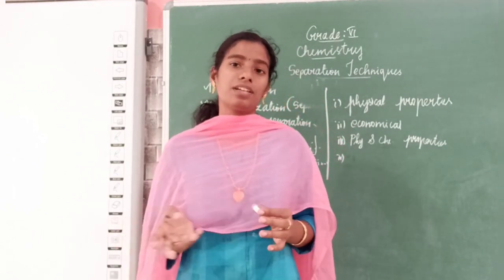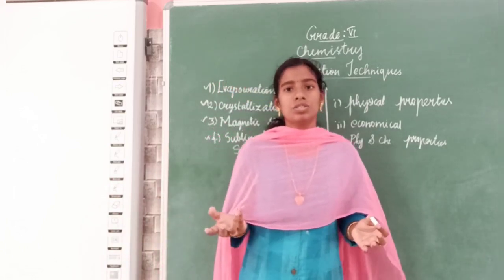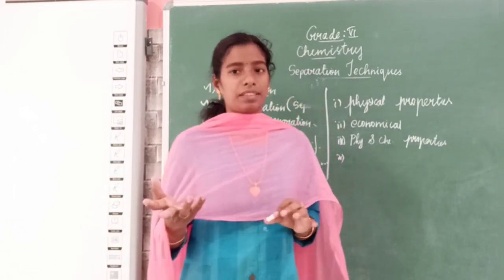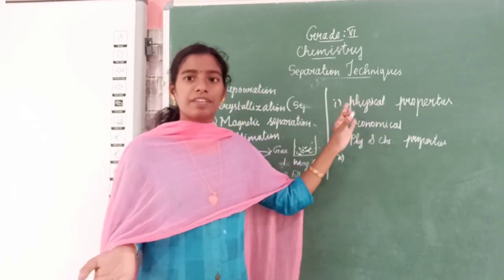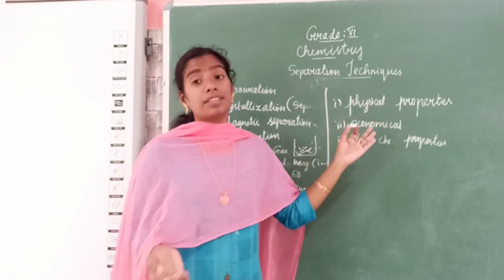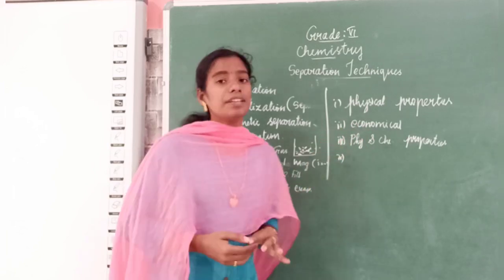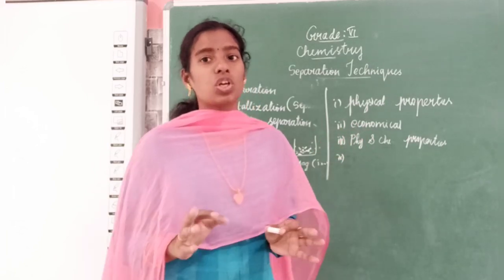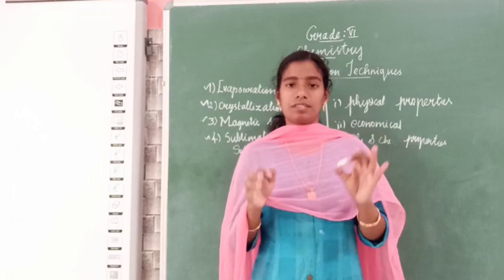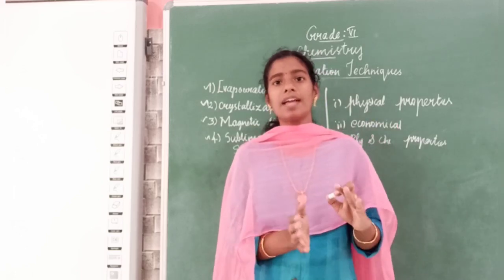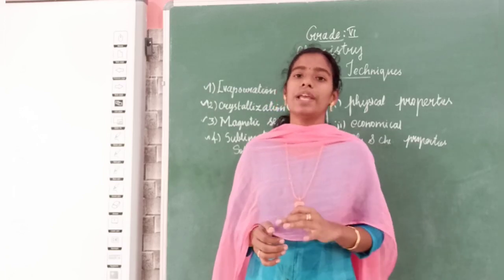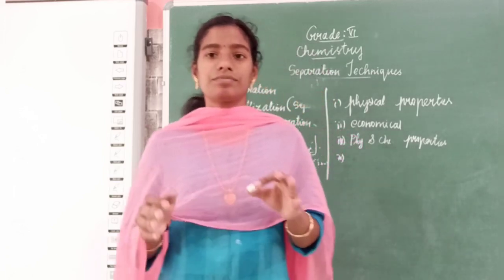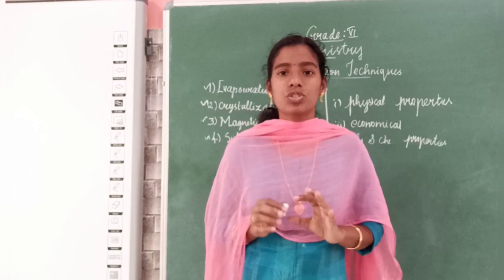And finally we have learned how to prefer a method depending upon the physical properties you can consider, then economical, the cost you can consider, then it should not change the physical or chemical properties. All this you have to consider and choose which method you are going to apply for separation. Have you all understood this?